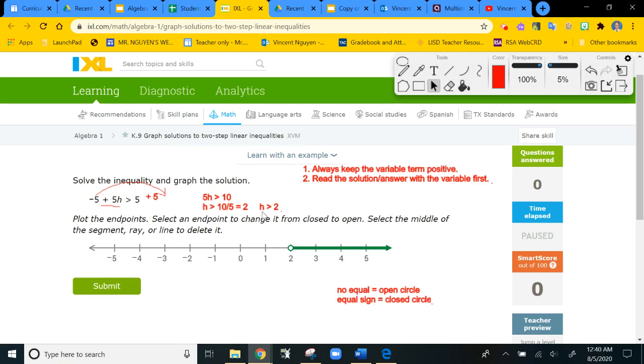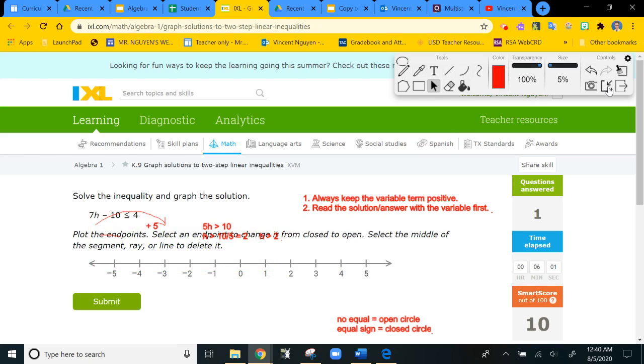But our solution is all of them. Anything that is greater than 2 will work, right? So we have to travel all the way to the arrow and click there. Now, if you don't click on the line again, it will disappear, right? So 2, open circle, move all the way to the right, and then I'm ready to submit.